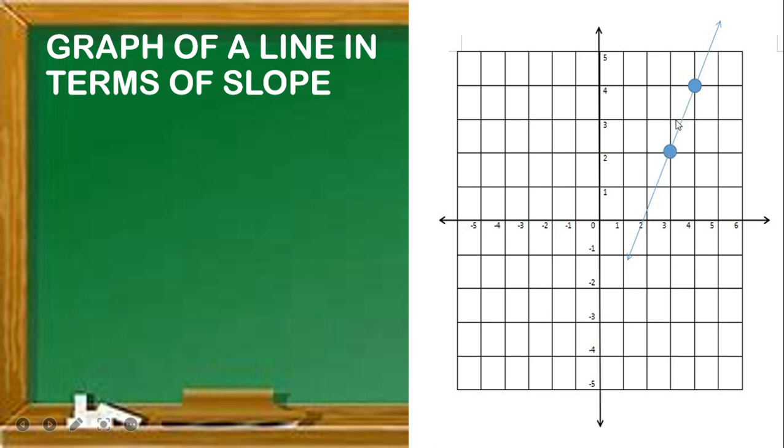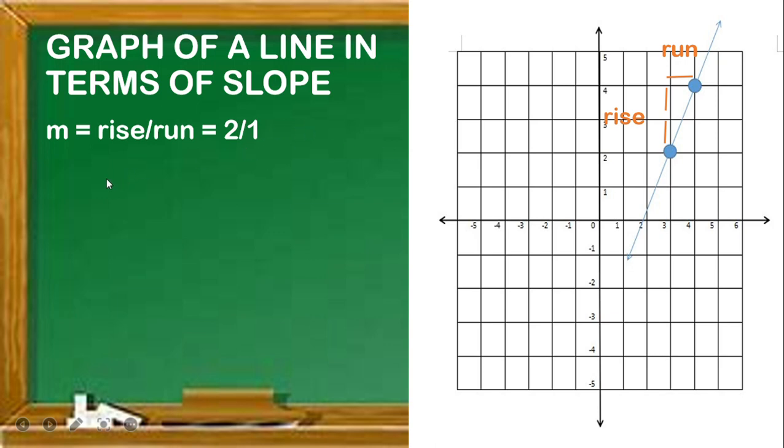We're given this line. And we will count the rise. 1, 2. So the rise is 2. And the run is 1. So the rise is 2 and the run is 1.